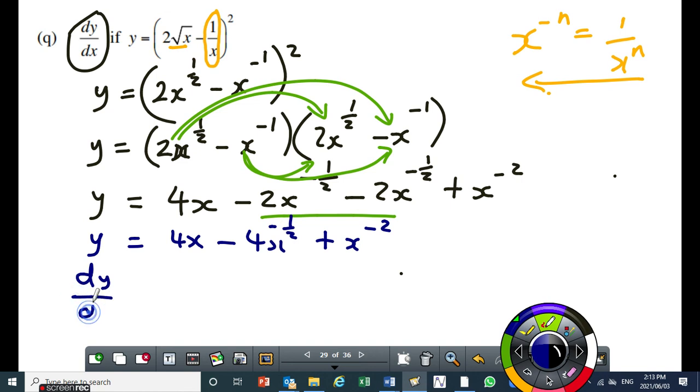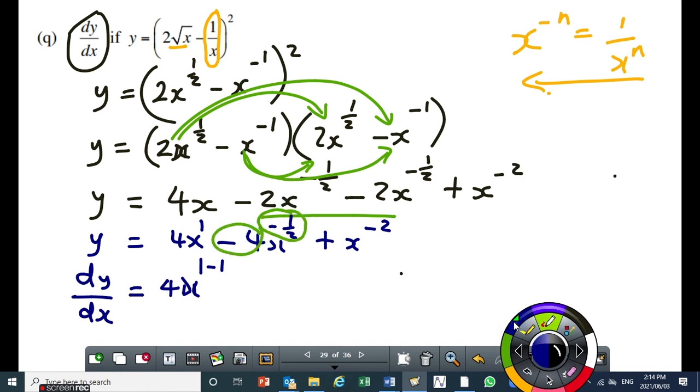Alright, dy over dx will be equal to, now here, the exponent here is a 1. 1 times 4 is here 4x to the power of 1 minus 1. Then minus a half times minus 4. So we are now multiplying this minus a half by that negative 4.